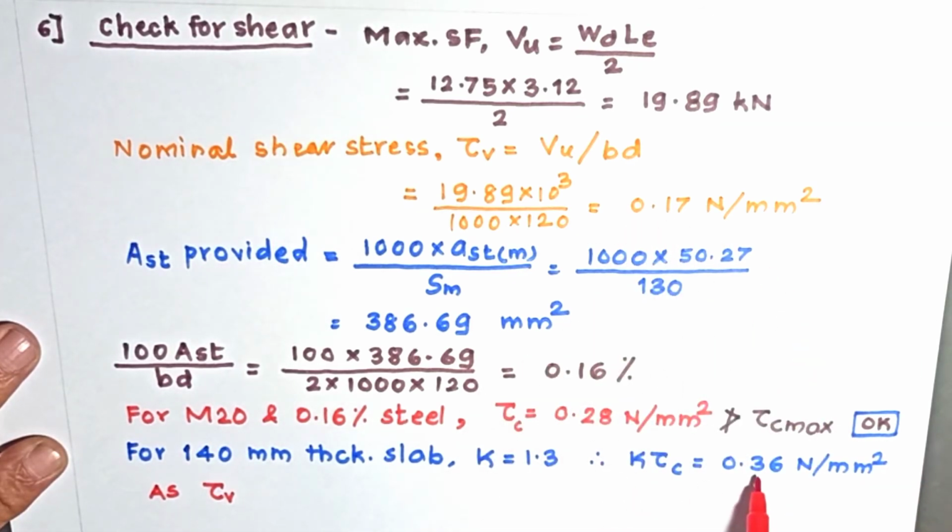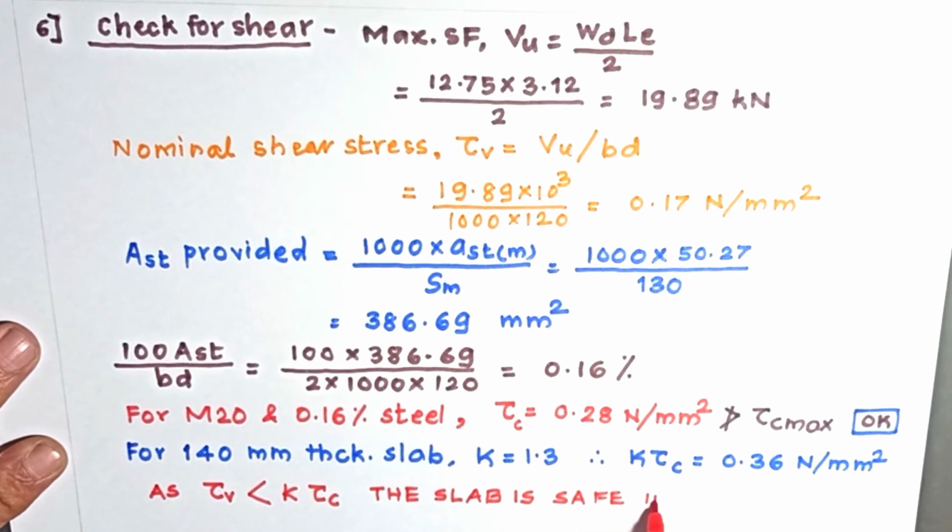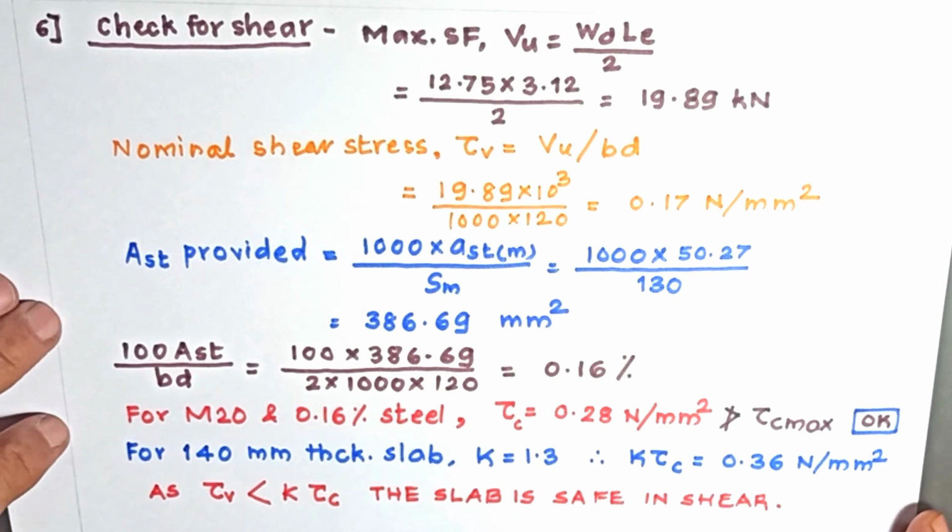What is K times tau C? 0.36. So as tau V is less than K times tau C, it means that the slab is safe in shear. Okay, so this is how we have applied the check for shear.